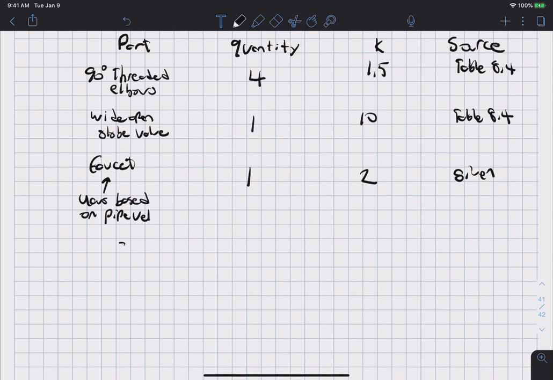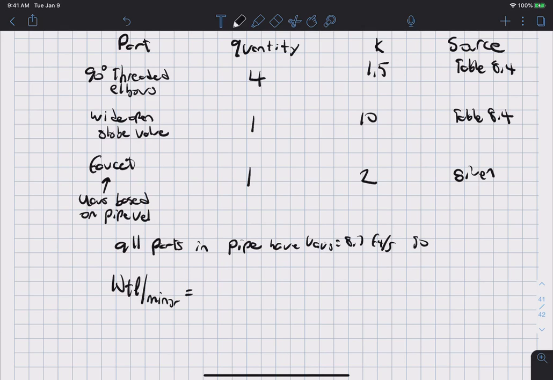And also all parts in the pipe have U average equals 8.7 feet per second. So then the HTL, or the minor head losses, equals the sum of the loss coefficient times U averaged squared over 2G.